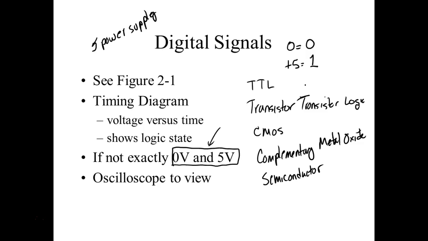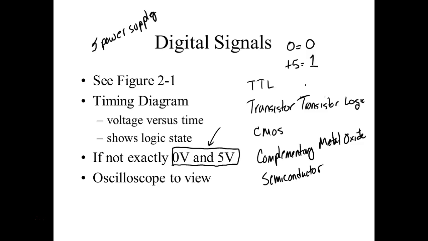TTL runs off 5 volt supplies, but the supply might not be perfect, so they give you a leeway even on the power supply. TTL is usually 5 volts plus or minus 5%, which means you could legally run it on a power supply between 4.75 and 5.25 volts, and it would still be okay. If you get it above that, then your ones and zeros are not guaranteed.